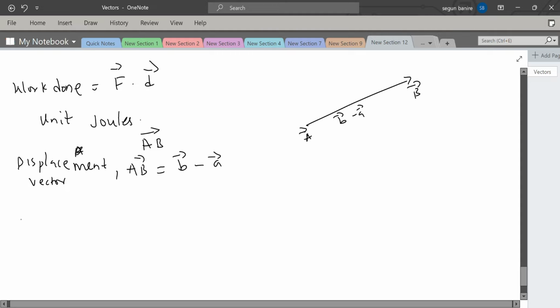So let's do the work done. Coming back to this, the work done formula is equal to the force times the distance.